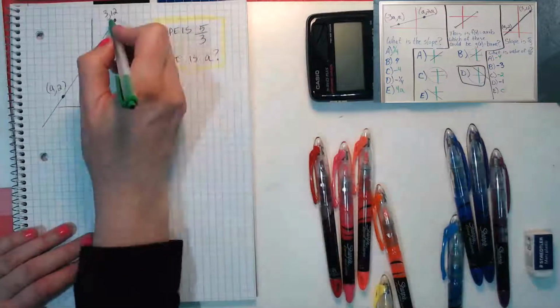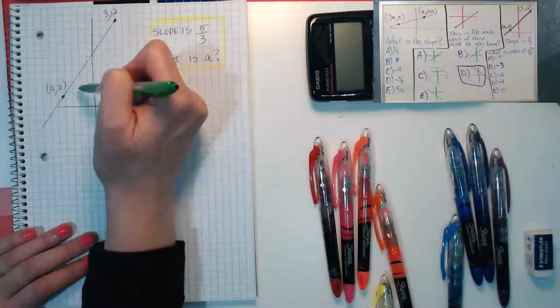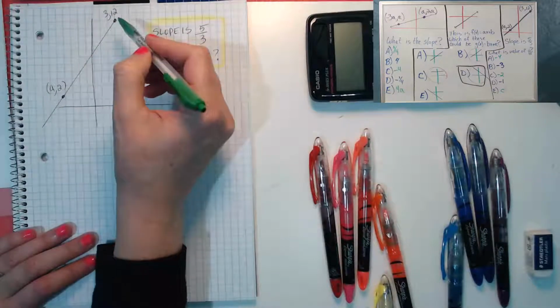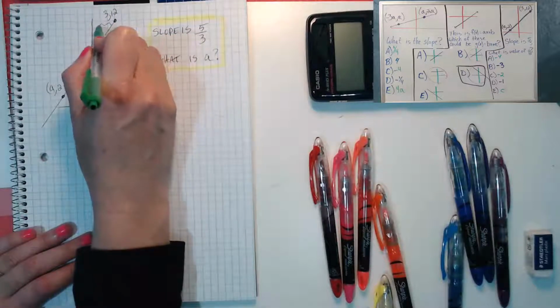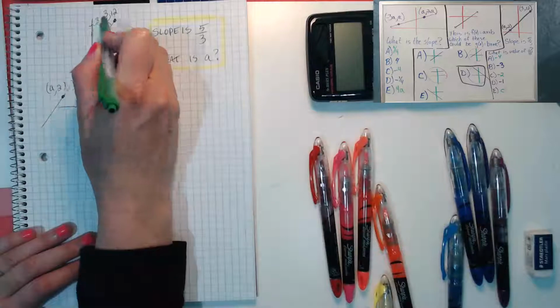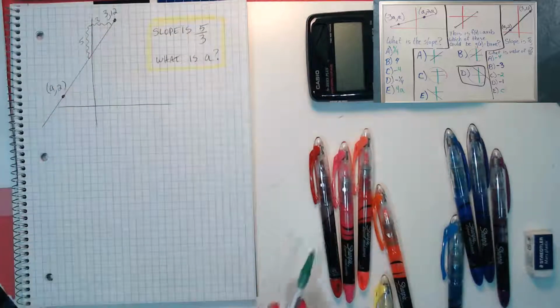That means we went, I'm not going to follow the lines exactly because we don't know where this other point is. I'm just going to make a rough estimate in here. Okay, I'm going to say we have a squiggly line that goes over about 3, right? And then it went up about 5. Does that make sense?